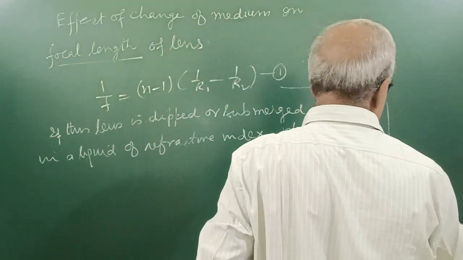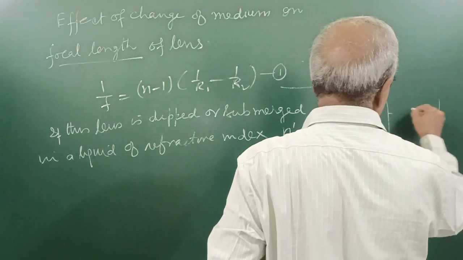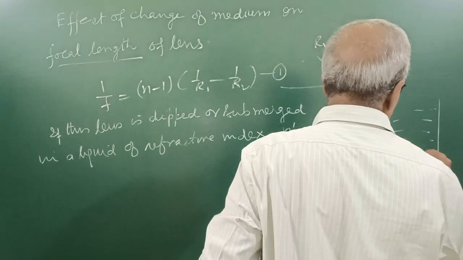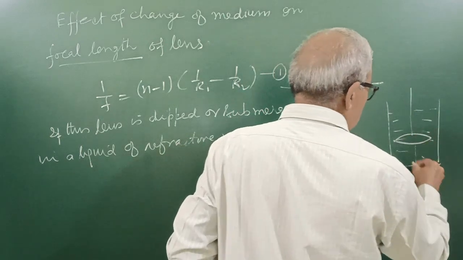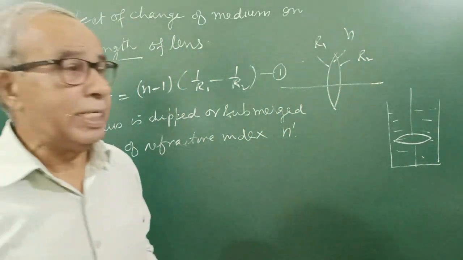Suppose here it is a liquid and we dip the lens into this. Then how will the focal length change?